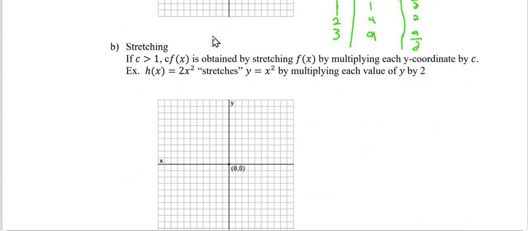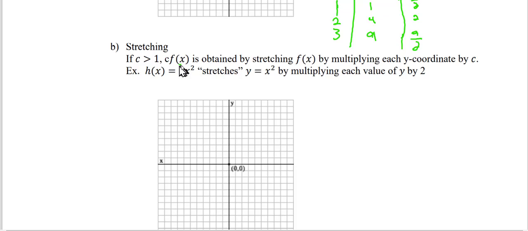A vertical stretch is if that number is bigger than 1, then we do the exact same thing, but now the numbers are getting bigger than they originally were.